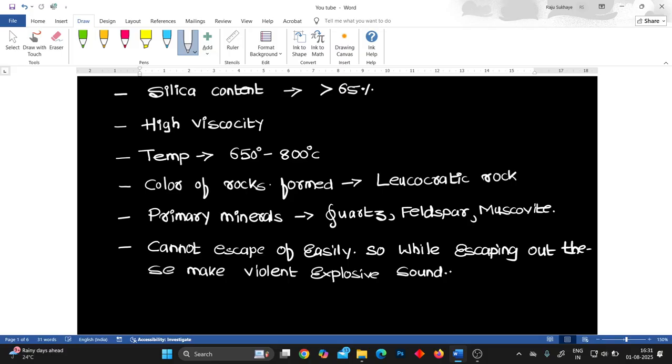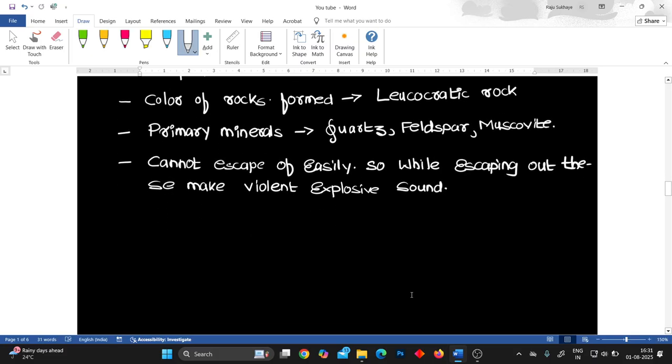Okay, so this is another characteristic property of this acidic magma or felsic magma.